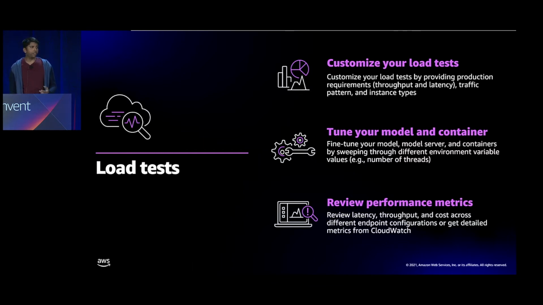And the advantage of using Inference Recommender is that when you're running a custom load test, you can sweep through all the different environment variable parameters, such as your number of threads, your workers, or any other parameter specific to your container, and be able to review all those different load tests in a single job and in a single view. So with Inference Recommender, you compare all your load tests and it provides you the key performance metrics you need to make your final decision on deploying your model.